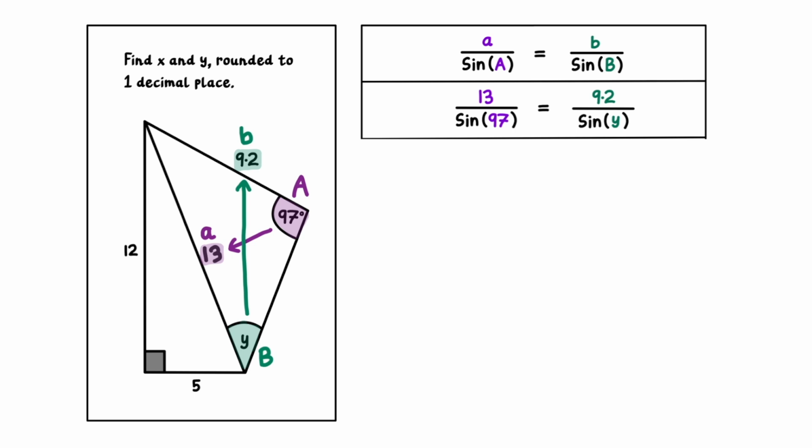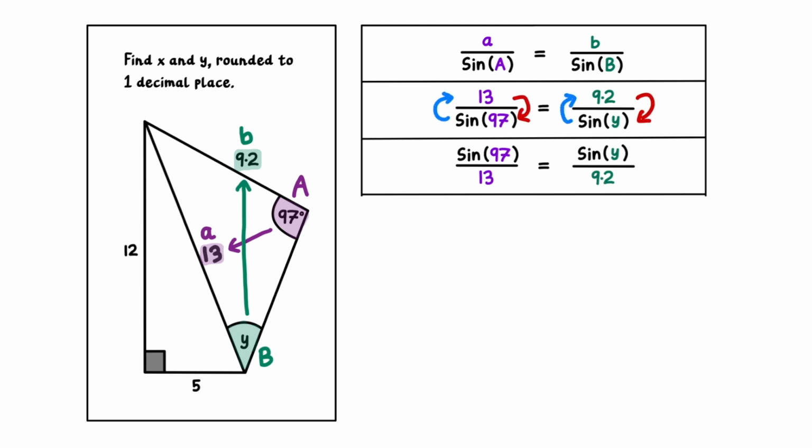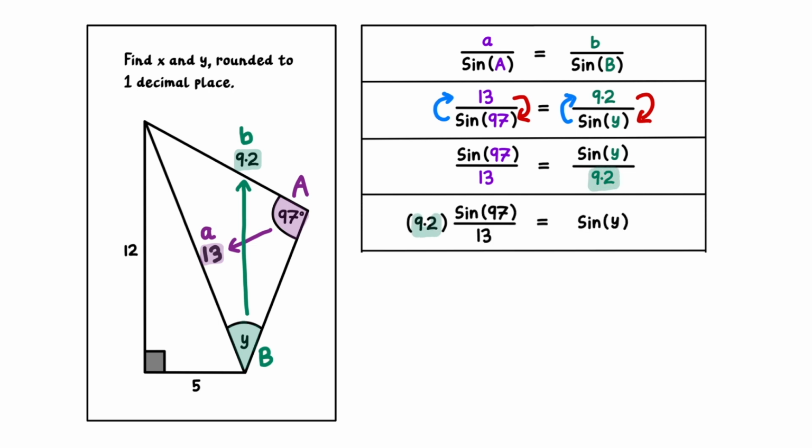It's a little bit awkward having the y underneath the line in a fraction, so let's begin by flipping both sides of the equation. Next, we can remove the division of 9.2 by multiplying both sides by 9.2.